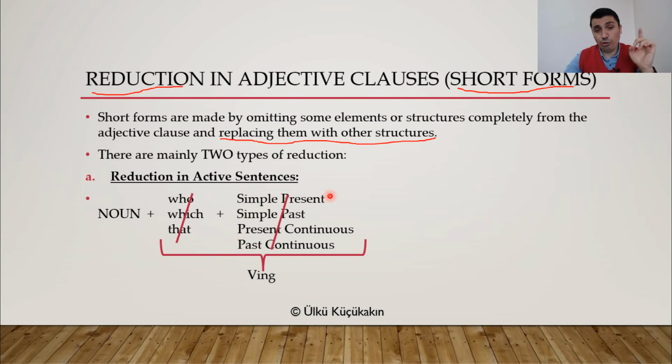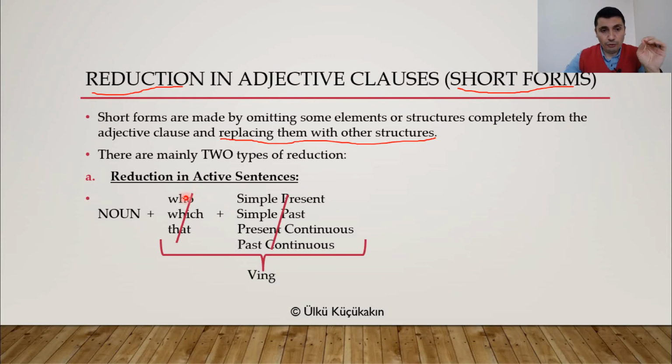Now, only and only in these four tenses, but be careful, these four tenses are the most common tenses in English, so that's important, all right? But only in these four tenses and not in the other ones.